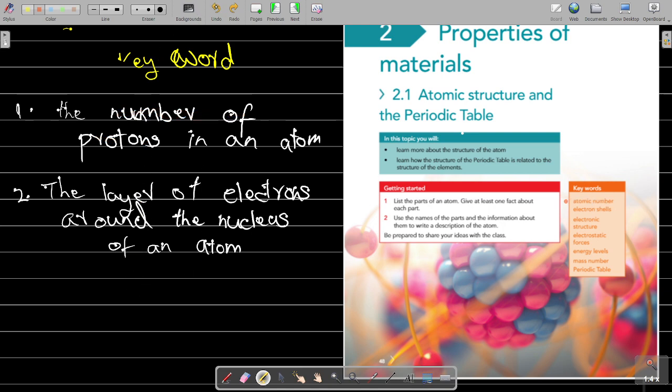Then next one, the third keyword is electronic structures. Correct.